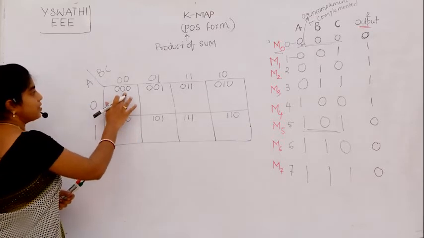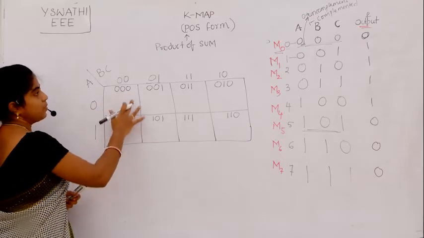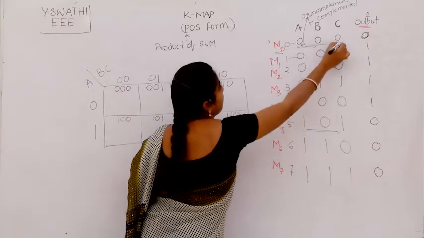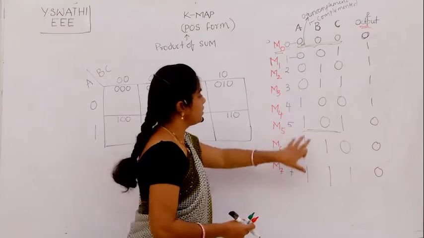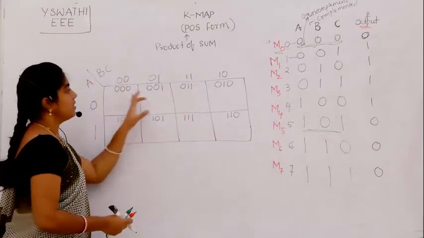This is the representation of each possible input combination. So we have represented these possible input combinations inside the cells.